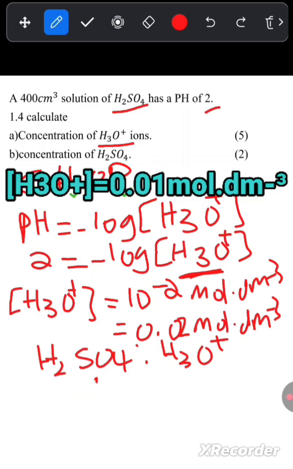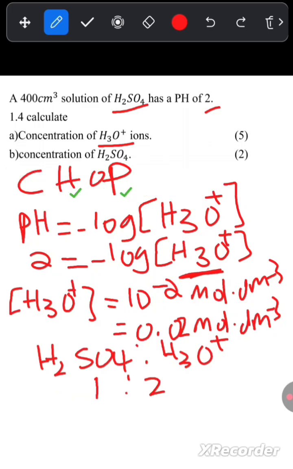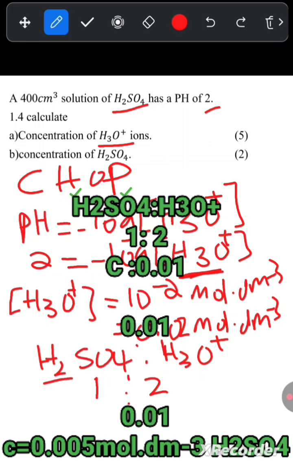The ratio is 1:2, because in one acid there are 2 hydrogens. Right, now the concentration that we have is the concentration of hydronium ions, which is 0.02.